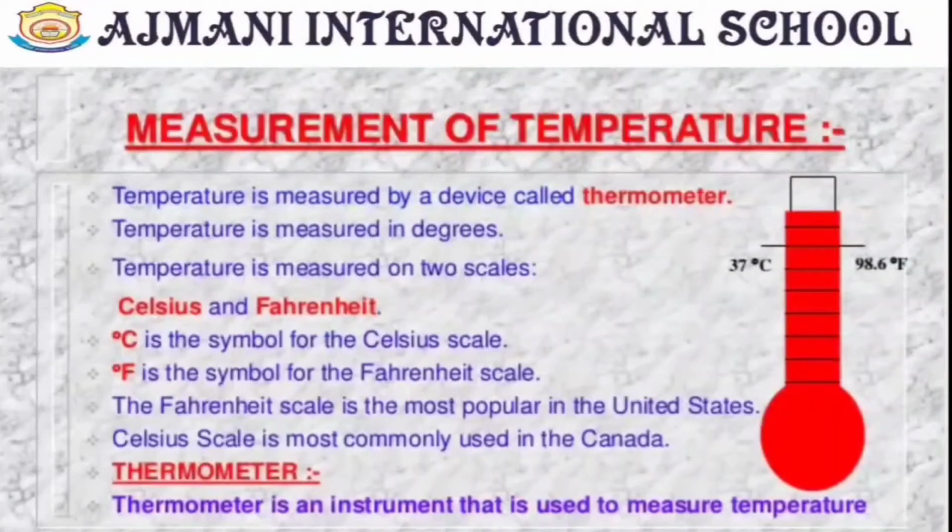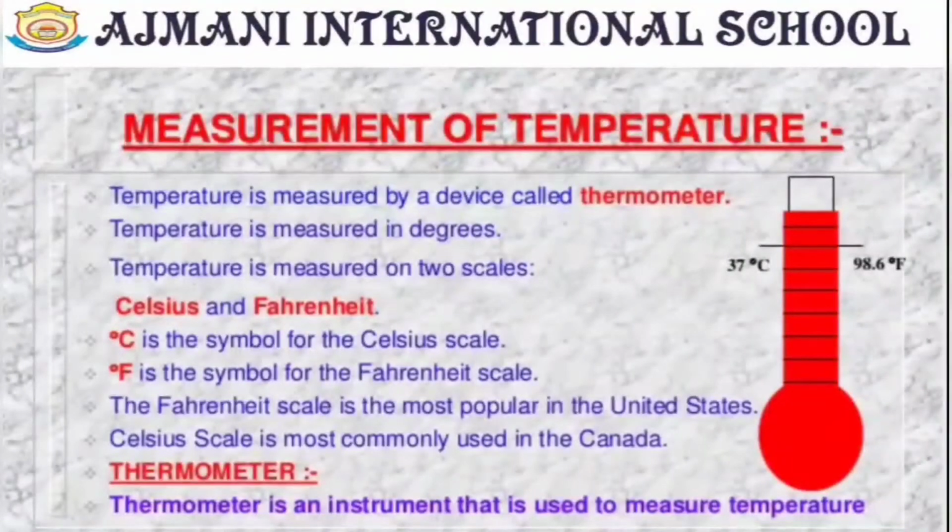We use the degree C sign and degree F sign respectively for the Celsius scale and Fahrenheit scale. The Fahrenheit scale is mostly popular in the United States, whereas the Celsius scale is opted for by the Canada region. In short, a thermometer is an instrument that measures temperature.